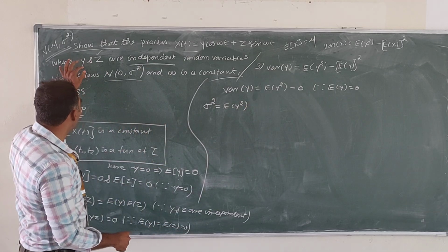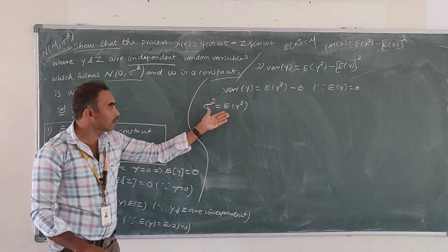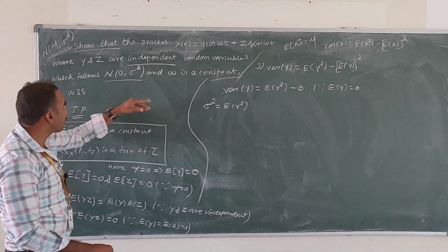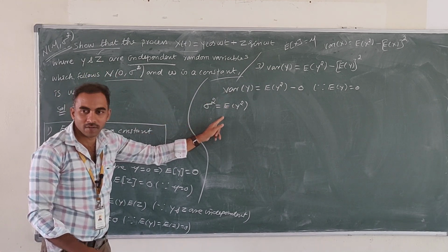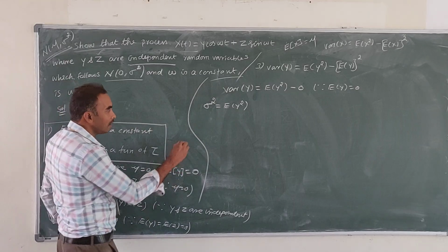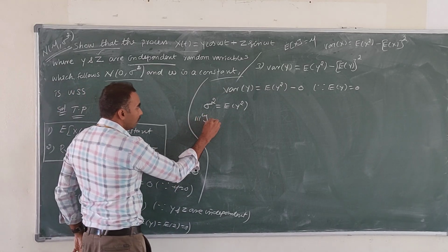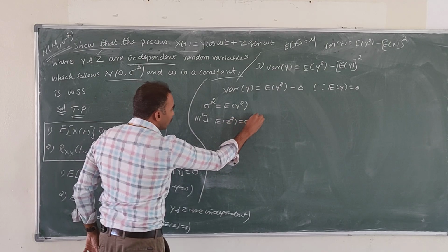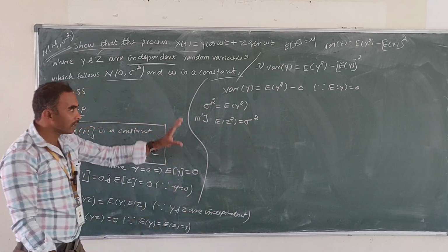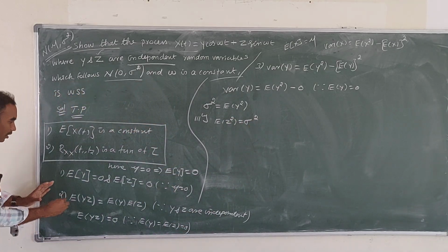For random variable Y, σ² equals E[Y²]. Like that, for random variable Z, σ² equals E[Z²]. Similarly, the value of E[Z²] will also become σ².